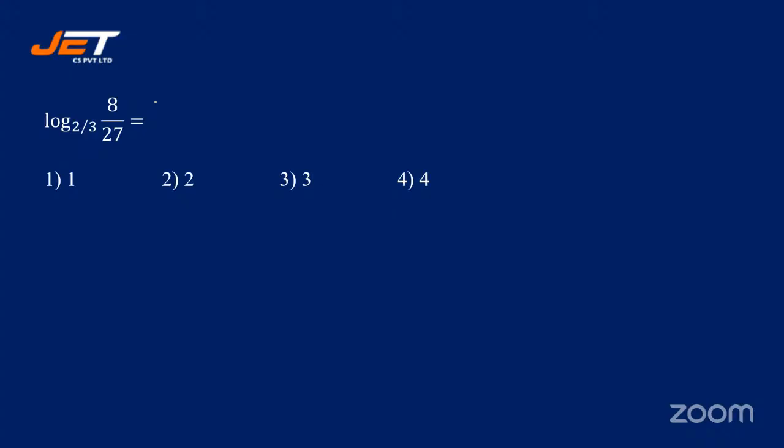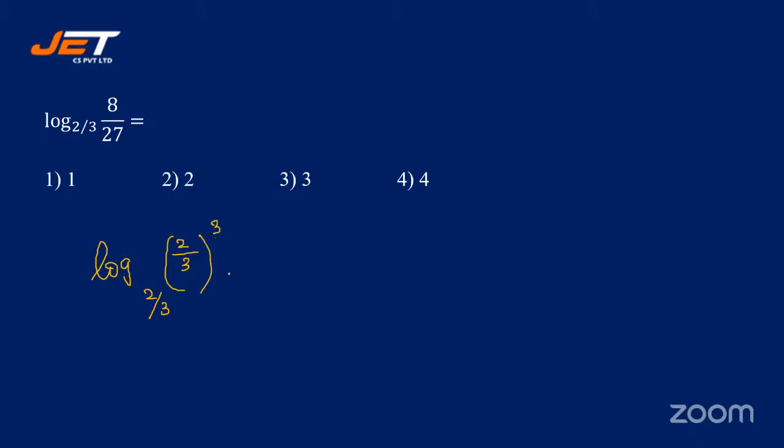Log 8 by 27 to the base 2 by 3 is dash. The simple way of doing this is to convert 8 by 27 into 2 by 3 to the power what? 2 cube is 8, 3 cube is 27.